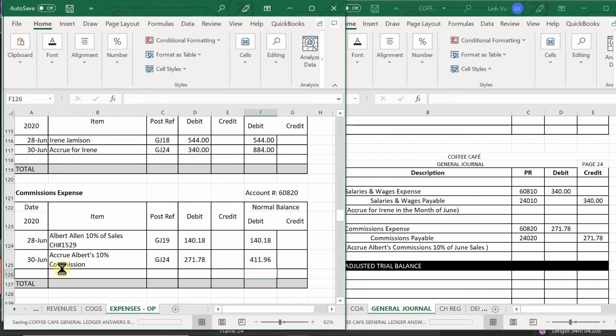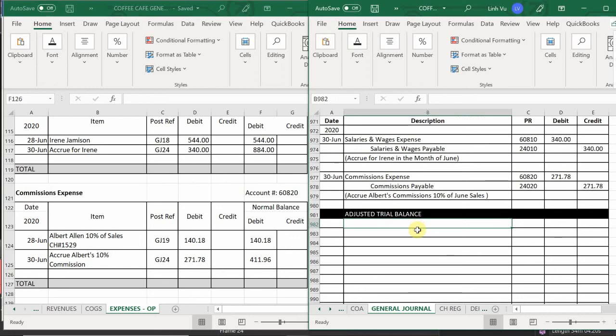Since it's almost 4:20 right now, for homework, or for tomorrow, I want you to attempt the adjusted trial balance on your own.